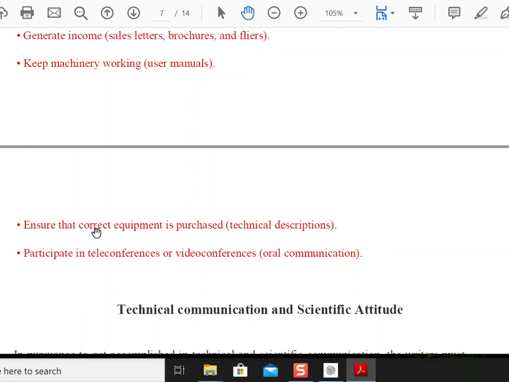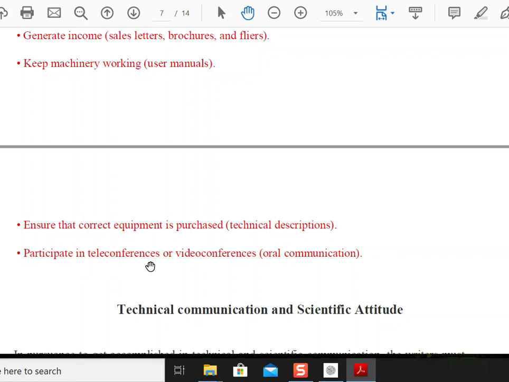Ensure that the correct equipment is purchased: technical descriptions, which are actually tenders and expressions of interest. Companies often give tenders, and similarly, business in the government sector is held.